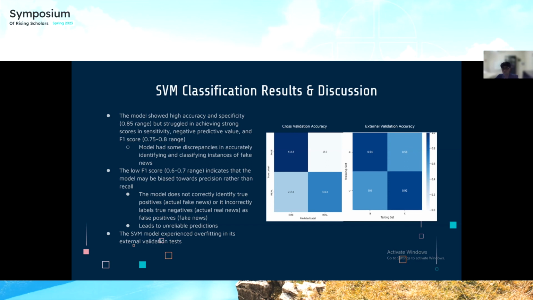So essentially, if we were to pass in a certain input data, it would understand the real news as fake news in certain scenarios, which is a big issue in allowing free speech to occur in the real world scenario. However, once again, we see a common pattern that it also experienced overfitting in its external validation results.